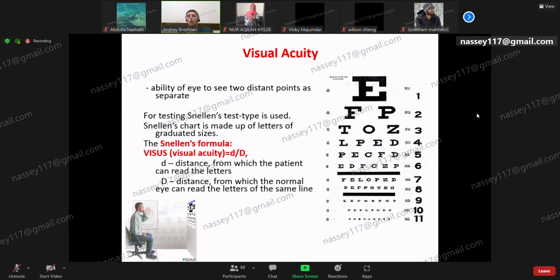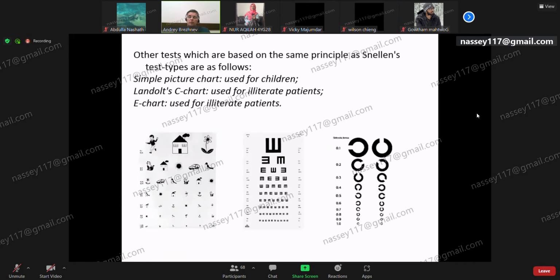For patients who can't speak, for example, or for illiterate persons, we can use other types of charts consisting of different symbols, like here, in form of letter E, in form of a ring with a break.